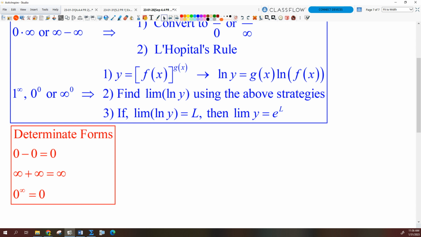If 0 to the infinity has to be 0, how could 0 to the 0 be something bigger than 0? People often wonder, right? Okay? That's exactly the way it should be, though, if you think about it. Think about this. If I have 0 to the infinity, that'd be like saying the limit of, say, 0.1 to the infinity. What's 0.1 times 0.1? What's 0.1 squared?